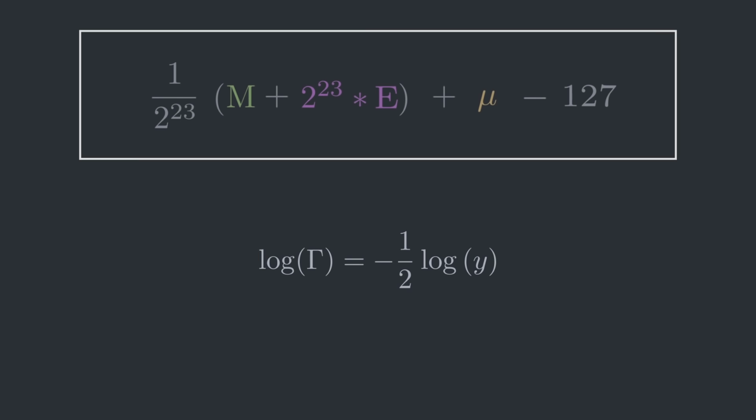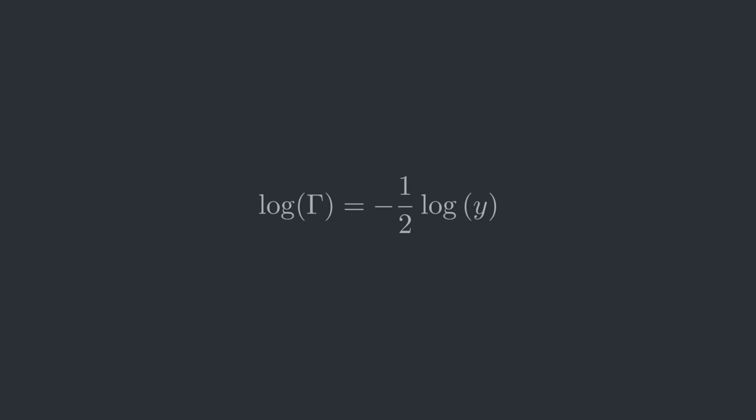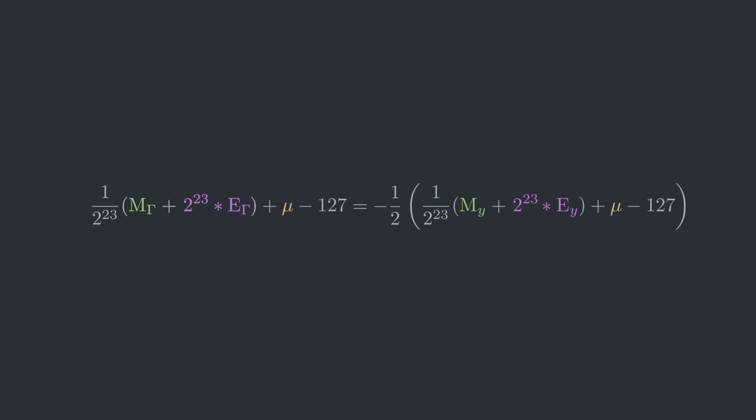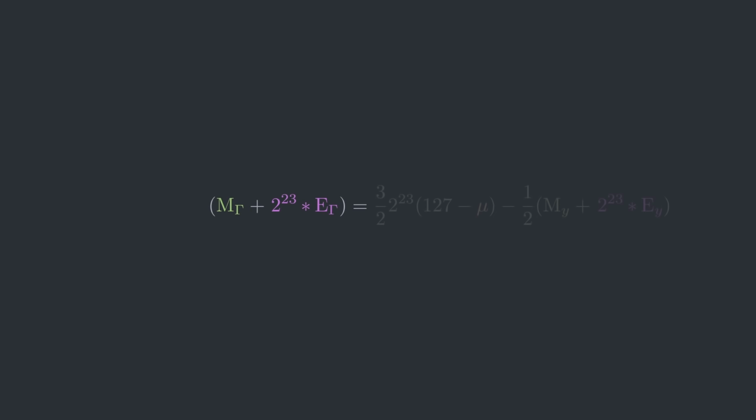Now we replace the logarithm with the bit representation. And then we just solve for the bits of gamma. I'll spare us the details, but this is the result. The magic number turns out to be the remnants of the error term mu, the scaling factor and the shifting.